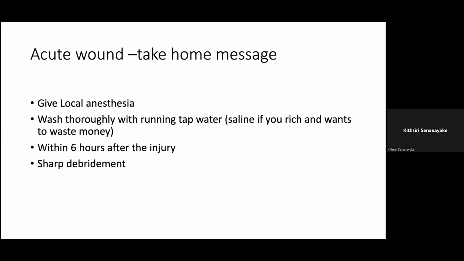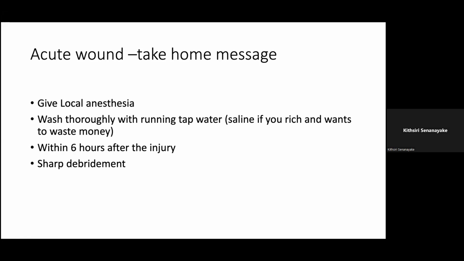So the take-home message: if you see an acute wound in your setting, before the washing, please don't forget to give local anesthesia, because I have seen people wash wounds without any local anesthetic. That causes severe pain to the patient, and also you can't do the job properly. So please use some local anesthetic and anesthetize the wound, wash it properly, and do the sharp debridement.